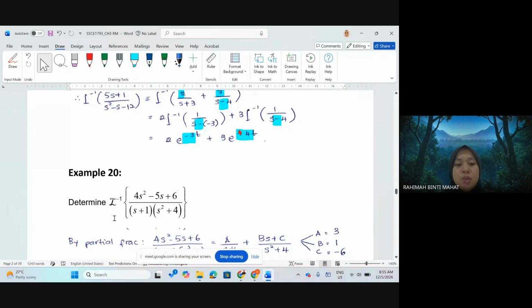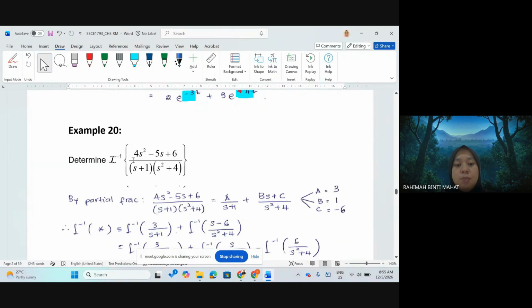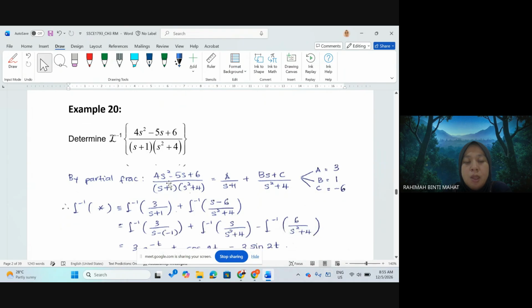Determine the Laplace inverse of (4s square minus 5s plus 6) over (s plus 1)(s square plus 4).